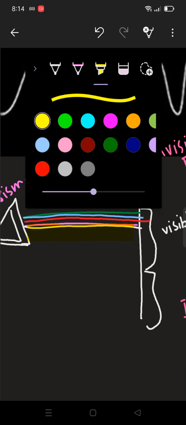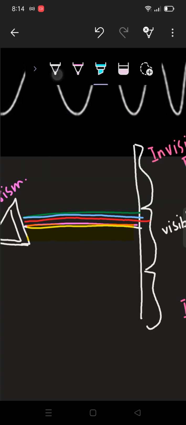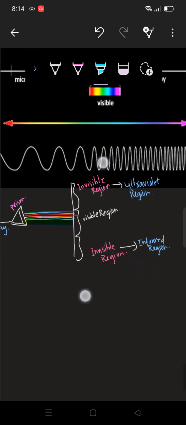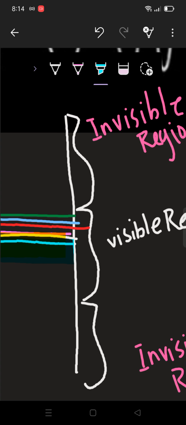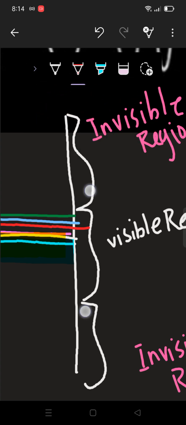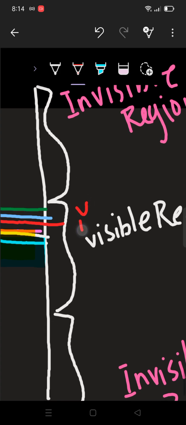Let me make blue too. So this is basically the visible region, and it is also known as VIBGYOR. Let me write this here.